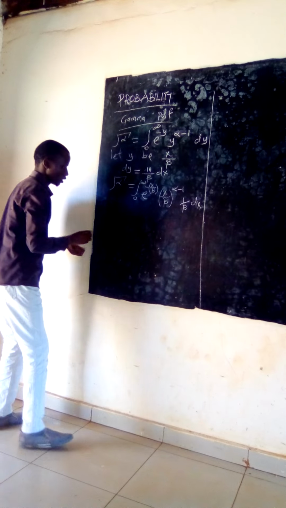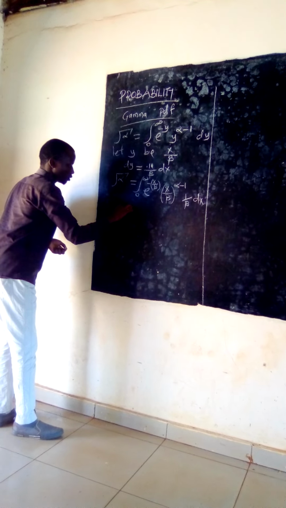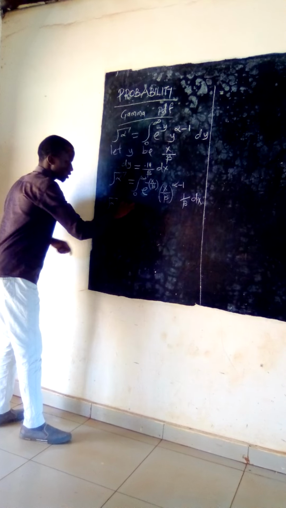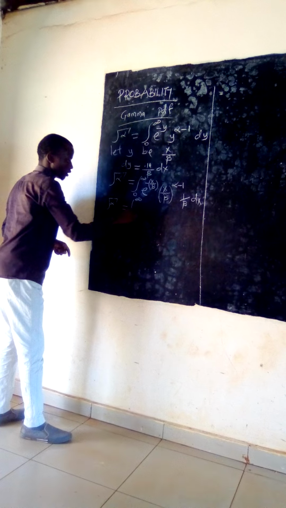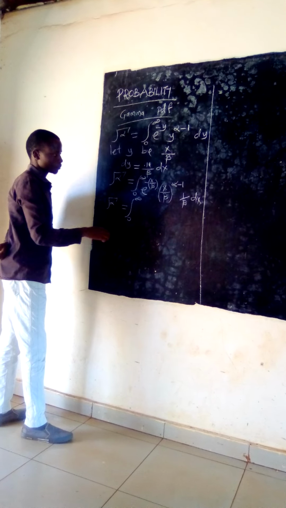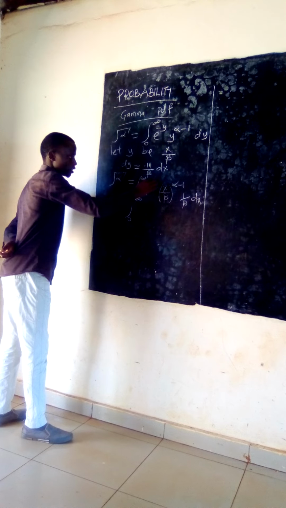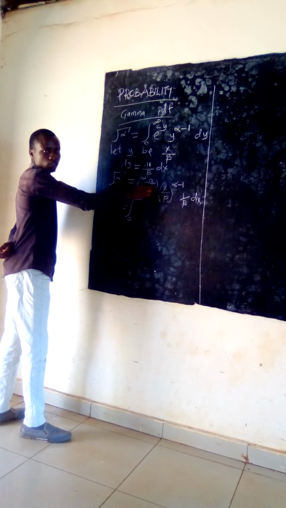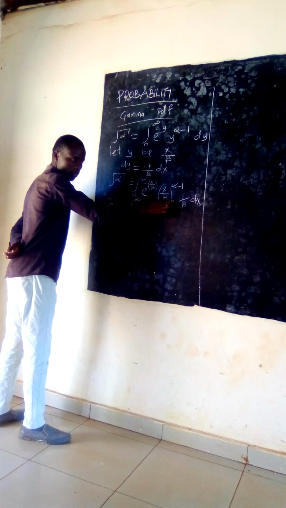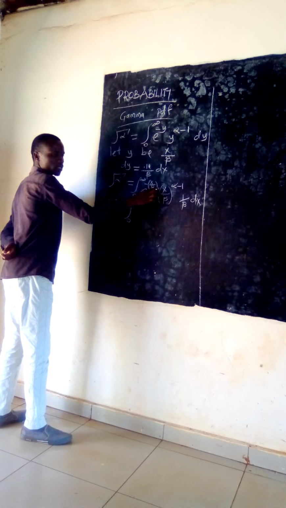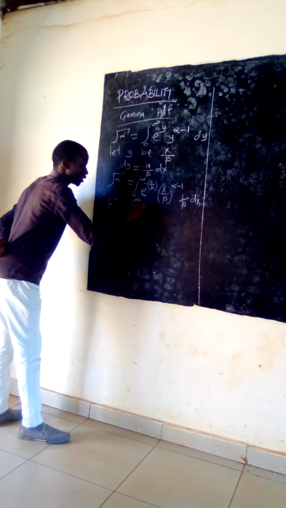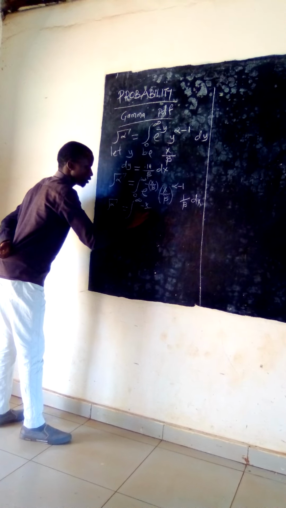Gamma of alpha is the same as the integral from 0 to infinity of exponential of negative x over beta, which I leave as it is.